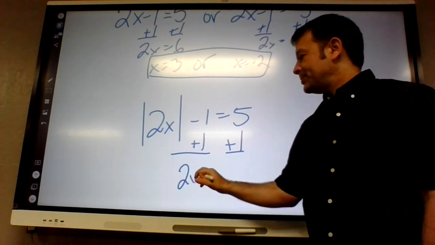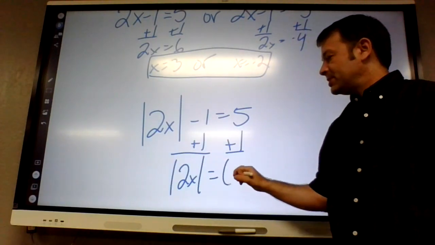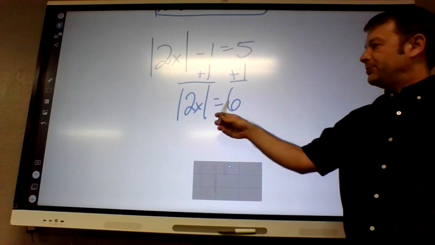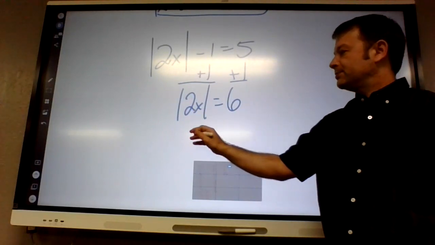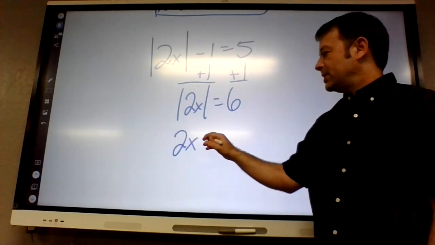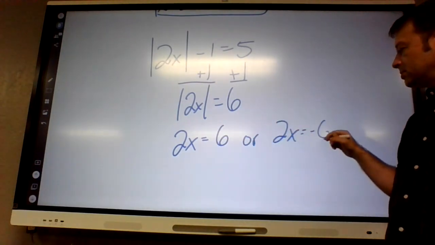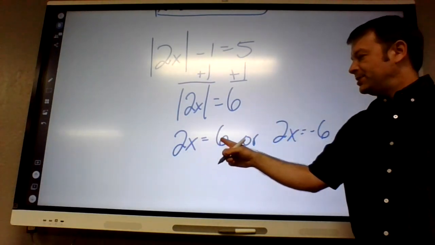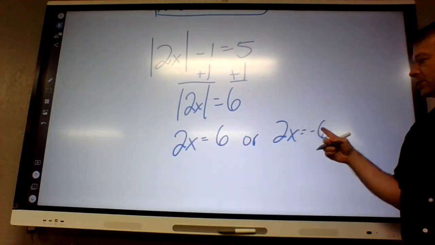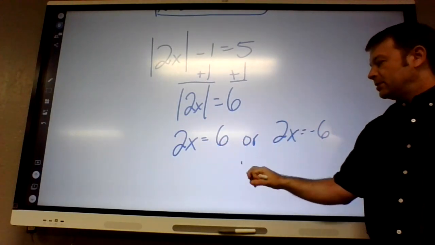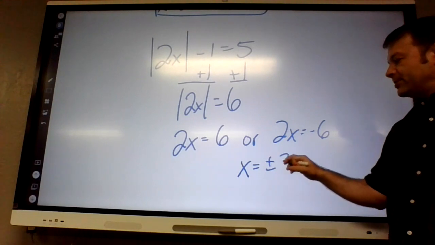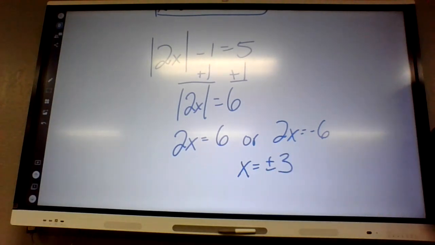Then we have absolute value of 2x equals 6. So that means 2x could equal what? 6 or negative 6. So when you divide by 2, you get 3 or negative 3. So this one is plus or minus 3.